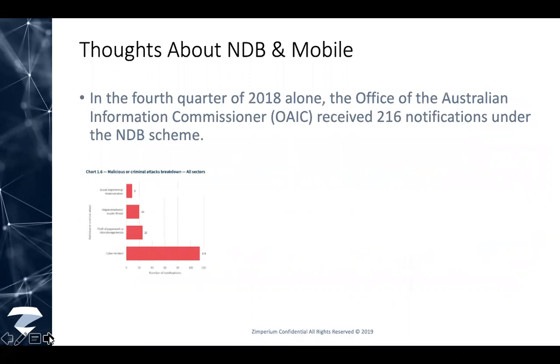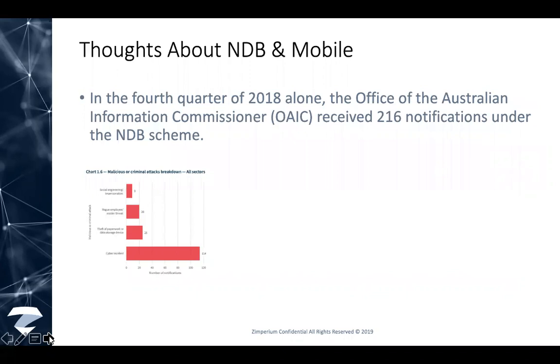I think it's kind of interesting to look at this, and I apologize for it being a little bit small, but there are three things I wanted to get at. They break it down and basically say, okay, there are these breaches. Now let's slice and dice the data, and you can go pull this information directly. The brief we've got actually has a link directly to the OAIC's notifications and the information I'm looking at here.